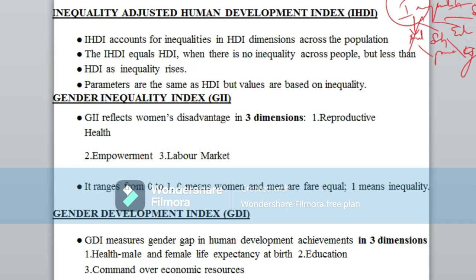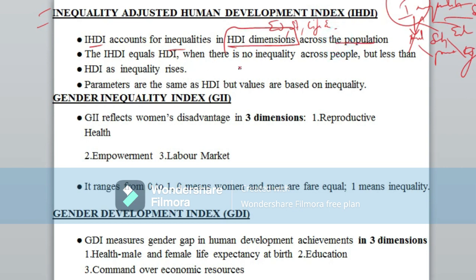So there are several types of inequality. But in the Human Development Index, we will discuss those inequalities that account for inequalities in HDI dimensions, especially education, standard of living, and life expectancy.